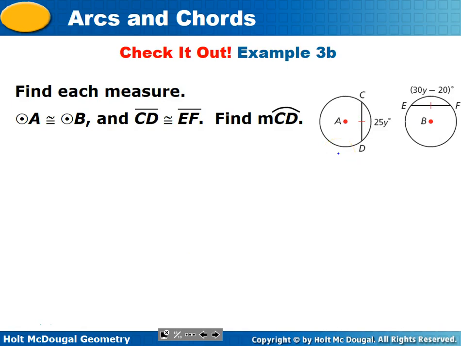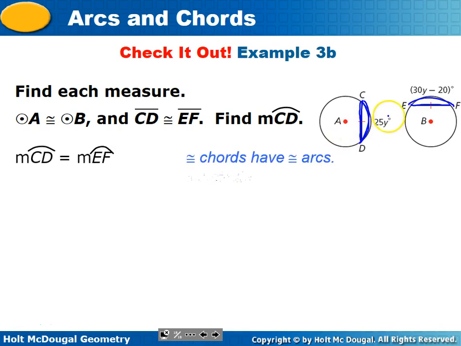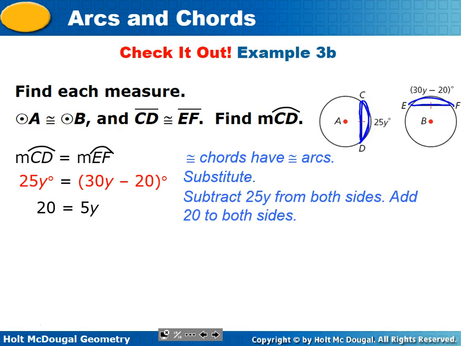So here again, we notice that we've got two chords that are congruent. So if the two chords are congruent, then we know their corresponding arcs are congruent. So we are once again going to set these two equations equal to each other. When we do that, we're going to get 5y is equal to 20. And we're going to divide both sides by 5.